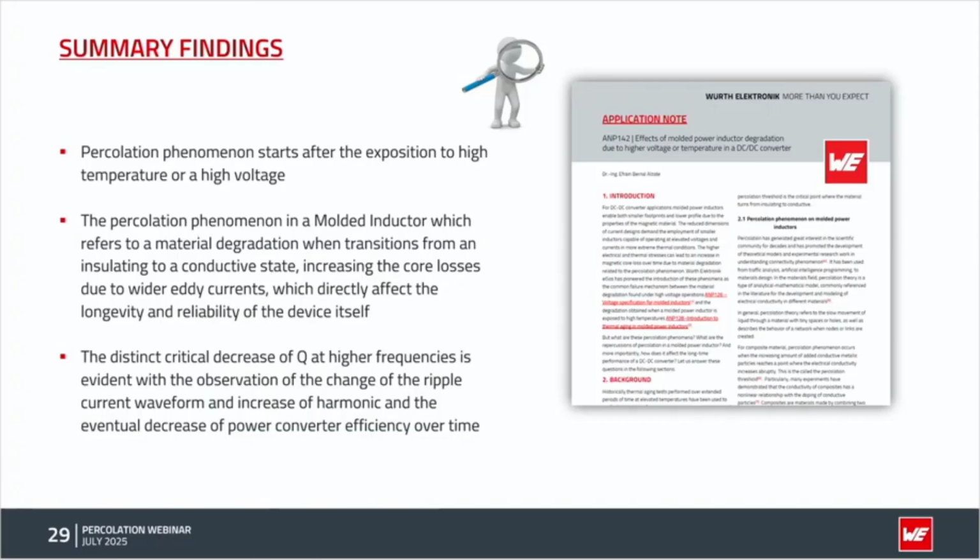But if you work at some high temperature like 85 degrees, you can suffer a percolation. If you work at high voltage, some peaks of voltage can start. Once one coating layer is broken, once you start jumping electrons between the material, percolation phenomenon is for sure a material degradation and involves everything.